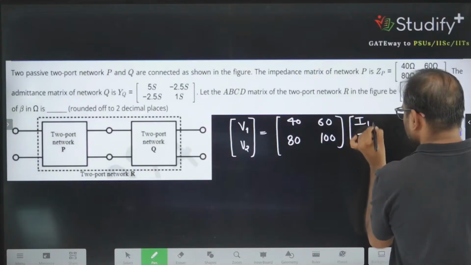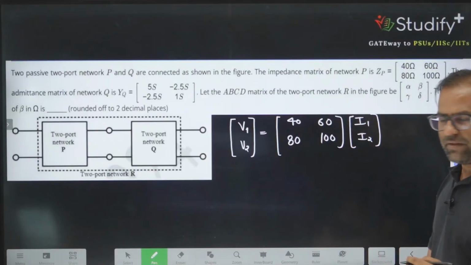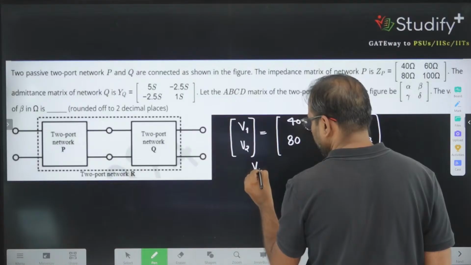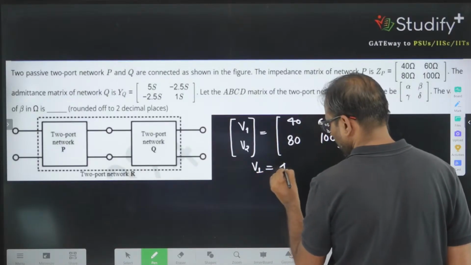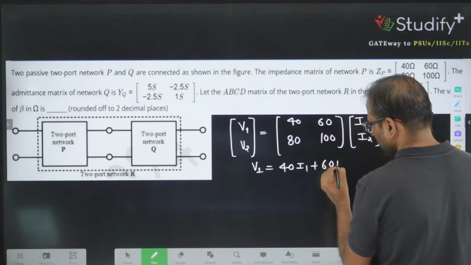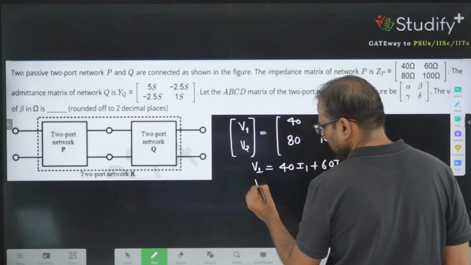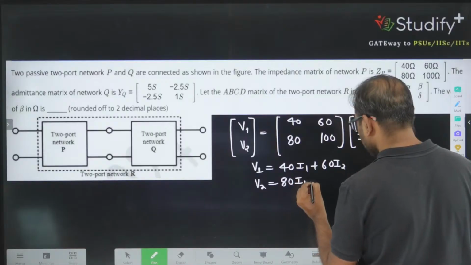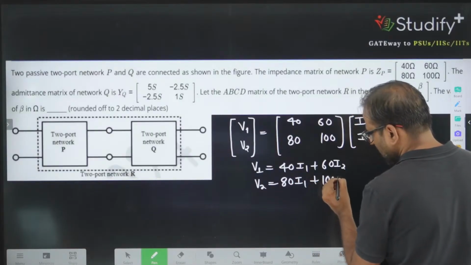So you can convert it into the T parameter very easily. You can say V1 is equivalent to 40 I1 plus 60 I2 and V2 can be represented as 80 I1 plus 100 I2.